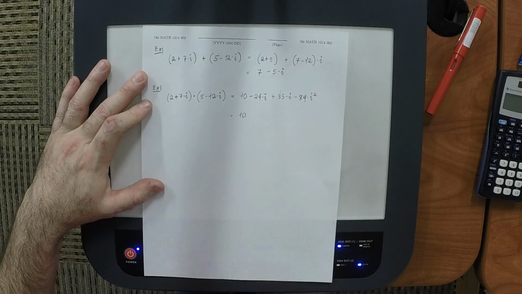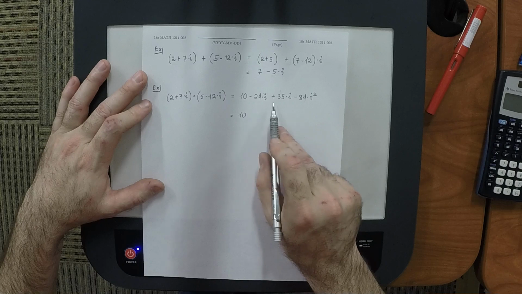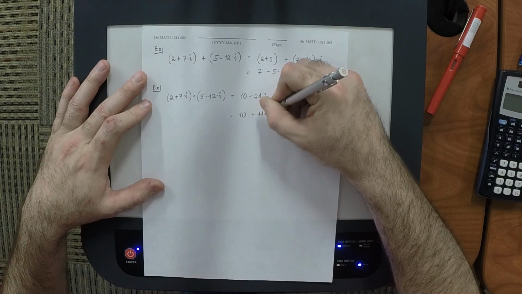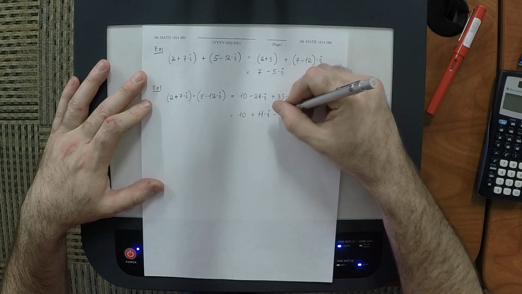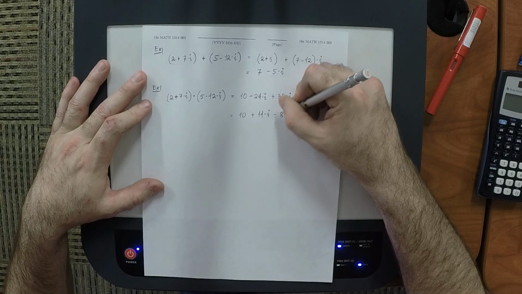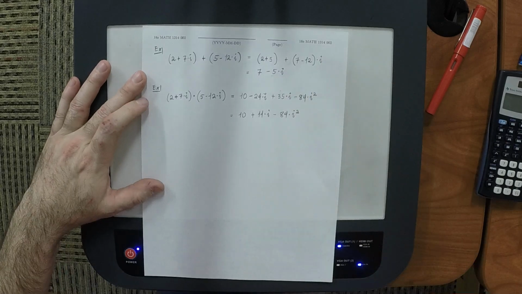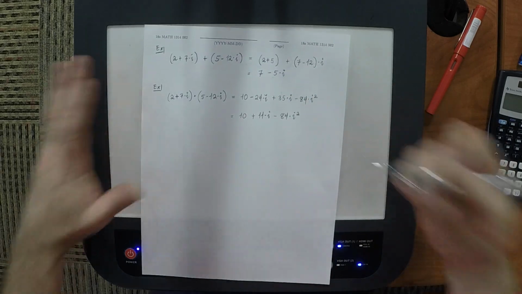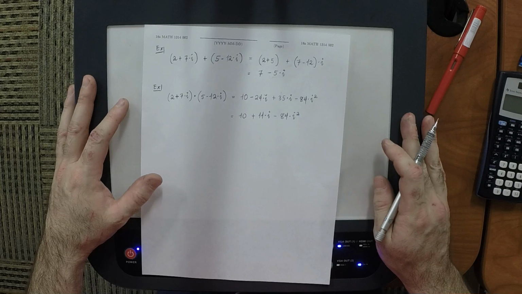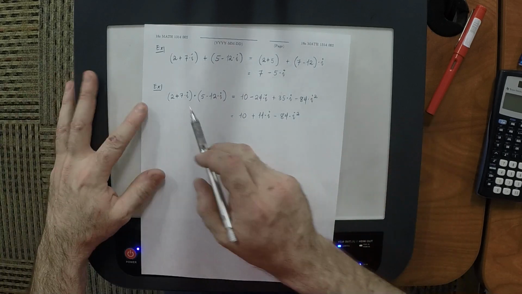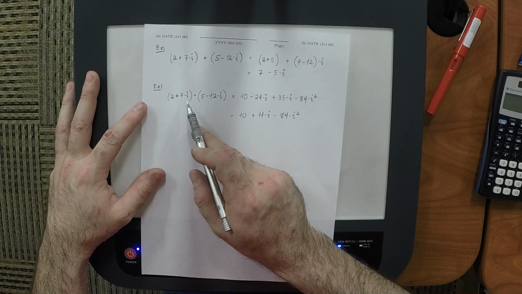So that'd be 10, and then 11i, minus 84i squared. So far, what I've written is exactly like doing FOIL with polynomials, as if we had just replaced the i with an x.